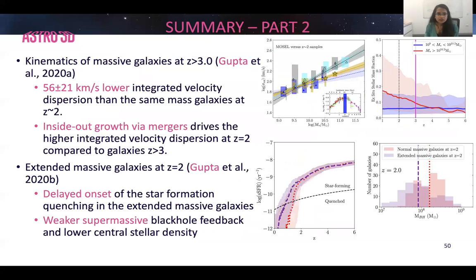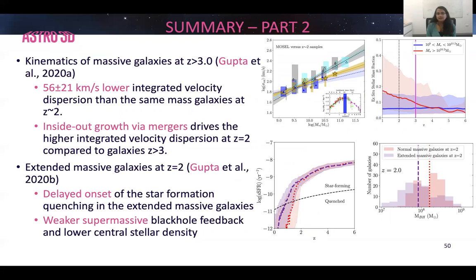Yeah, so this is summarizing this whole discussion on mass assembly histories of massive galaxies at redshift 3. What we are finding is that between redshift 2 and 3, there is a transition in how massive galaxies build up their stellar mass. They transition from stellar mass build-up via in situ star formation to stellar mass build-up via ex situ processes.